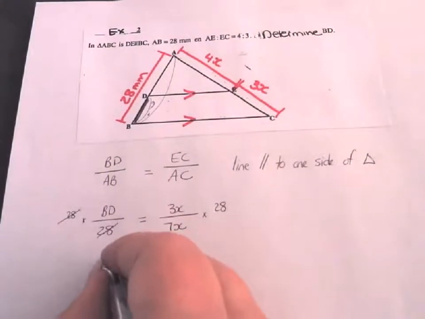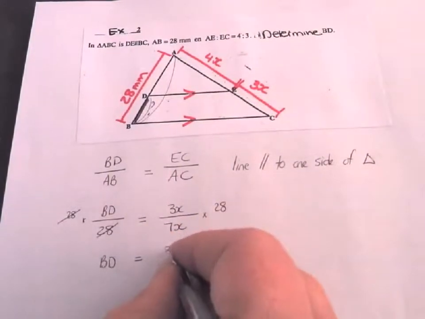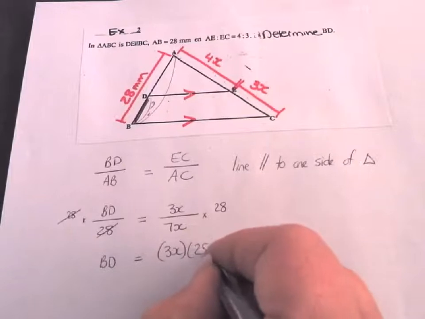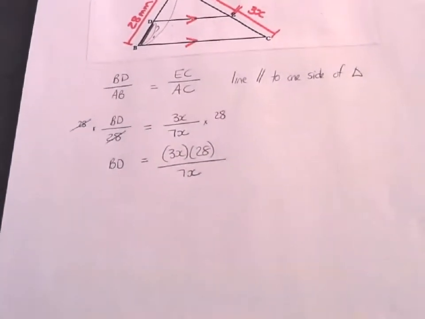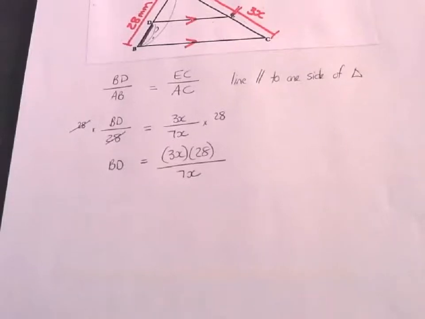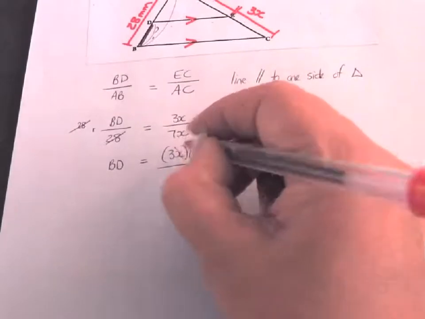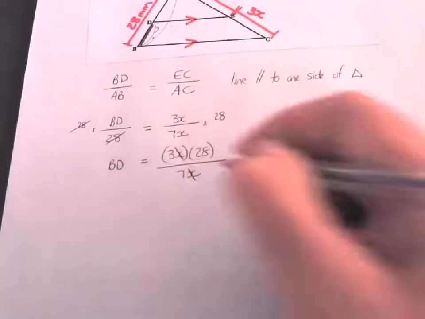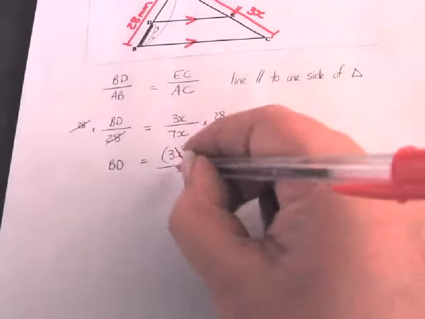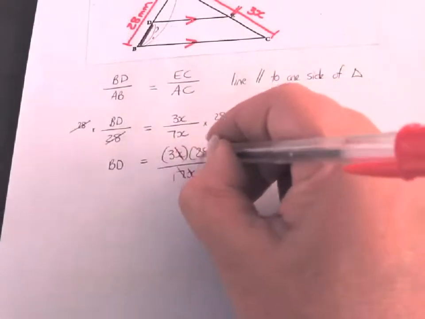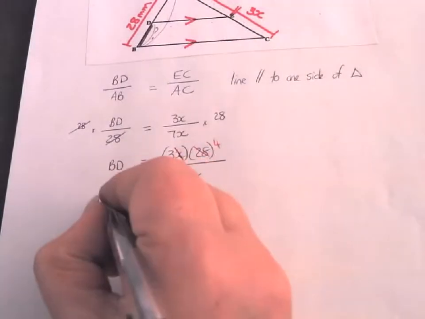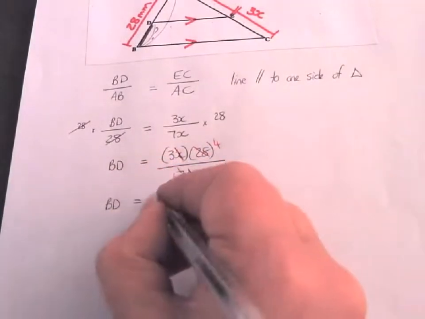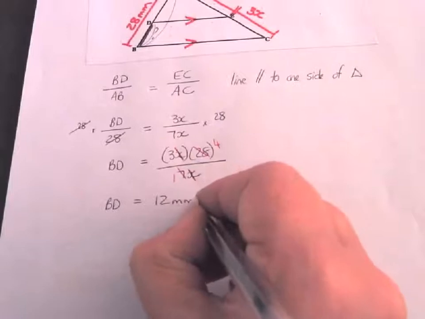So BD equals 3x times 28 over 7x. Now we can cancel out. We cancel out the x's, and the 7 goes in once, and in 28 it goes 4 times. So BD will be equal to 12 millimeters.